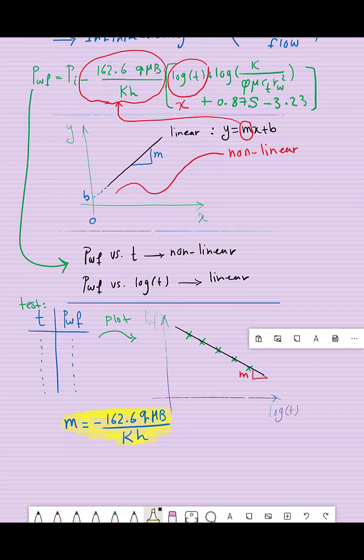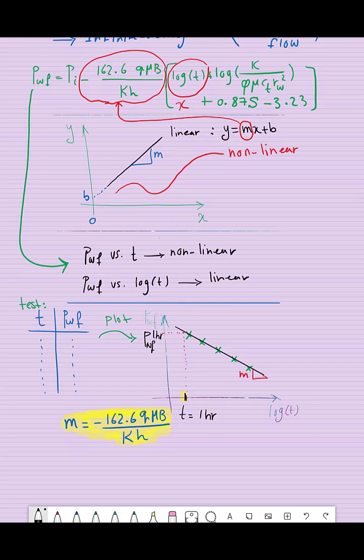So I go to the plot, and you see it 1 hour, for example, here. See if 1 hour is here. Oops. If 1 hour is here, I go up and find the corresponding value, which is PWF at 1 hour.